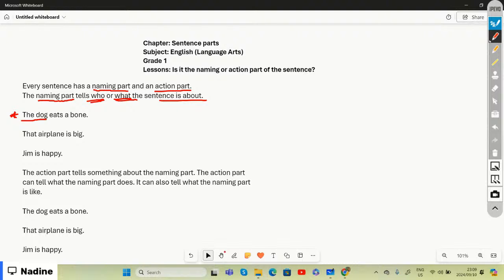And that is what we call a naming part because it names who or what the sentence is about. So now the question is, what is that dog doing? Then we can say the dog eats the bone.